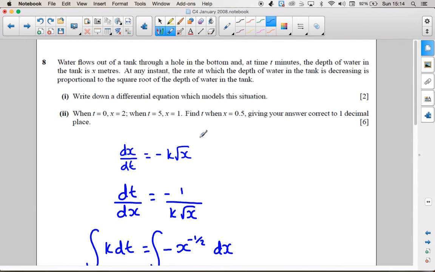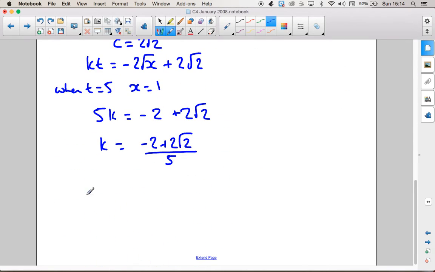And we need to work out what t is when x is 0.5. So I'm going to keep writing k, but when I come to use k, I'm obviously going to use this thing here. So we've got, when x equals 0.5, what's t, sorry. That's what we're trying to find.